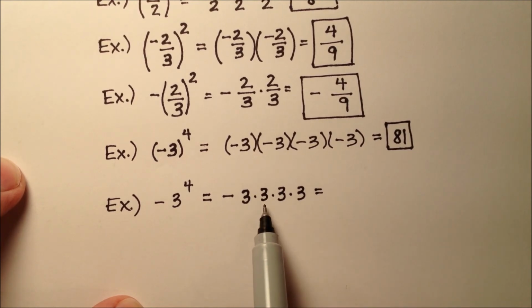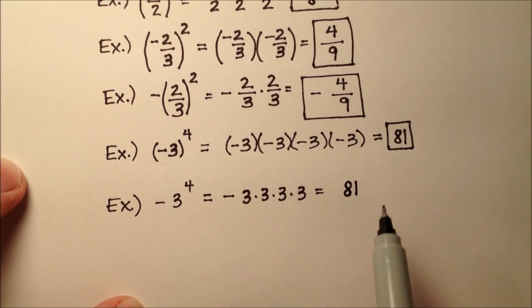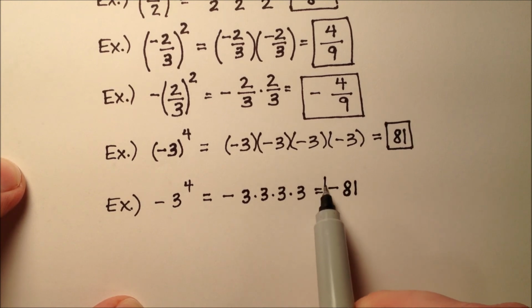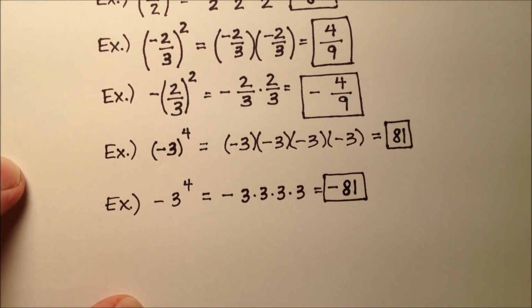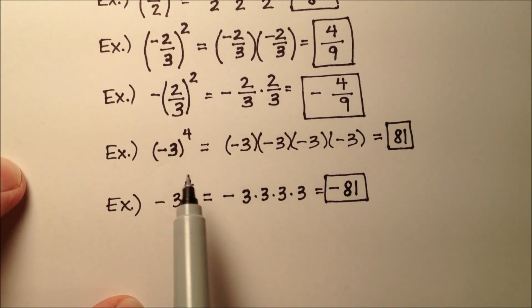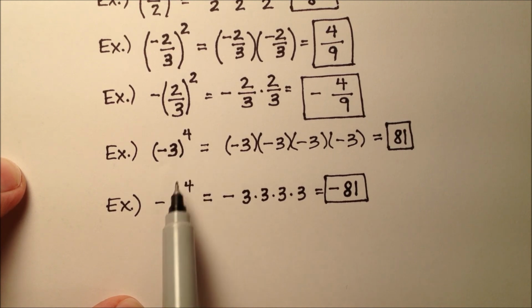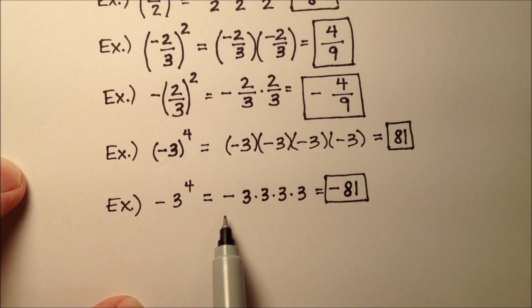So 3 times 3 times 3 times 3. I know from the previous example that's going to be 81. And this negative, again, just comes along for the ride. It's very important to be able to notice the difference of these two examples. One where the negative is included in the exponent, and one where the negative is not included with the exponent, and it just comes along for the ride.